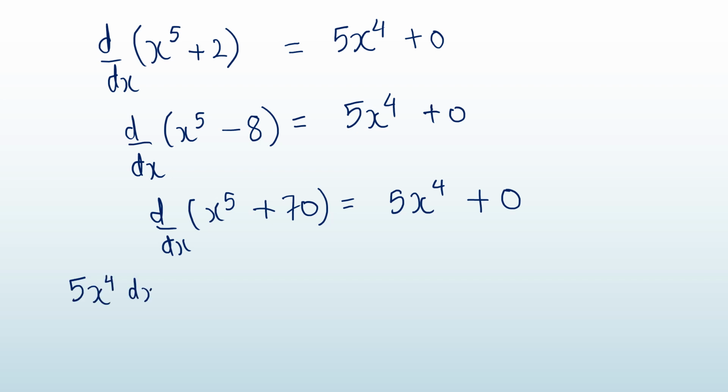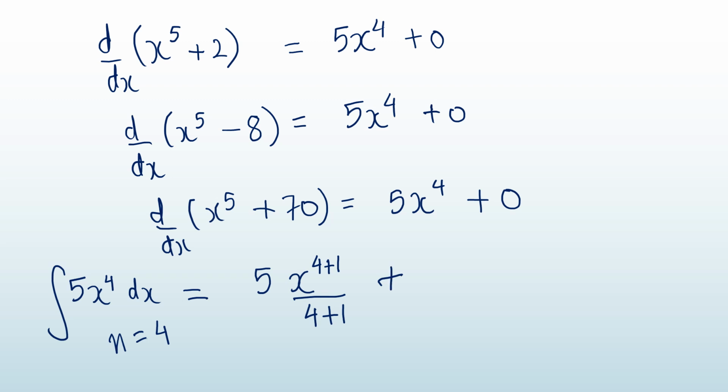Now, if we were to go in the opposite direction, starting at the derivative, and you had to find the integral of this by applying our rule, you should get x to the power 4 plus 1 over 4 plus 1. Remember, the n value is 4, that's why it's 4 plus 1 over 4 plus 1. Plus the integral of those constants. That constant could have been a 2, a -8, a 70, so it's a general, potential constant. That's why we have a c there.